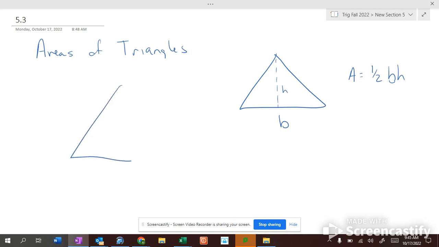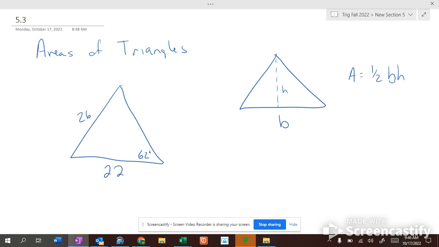So if you have a triangle that, let's say, is 26 and 22, and the angle down here is 62 degrees, how would you find the area of that?